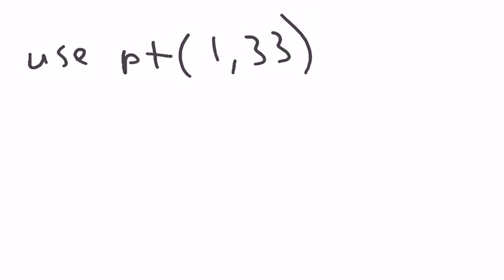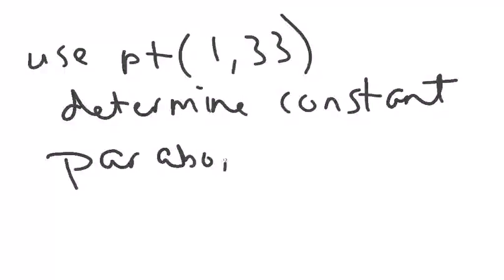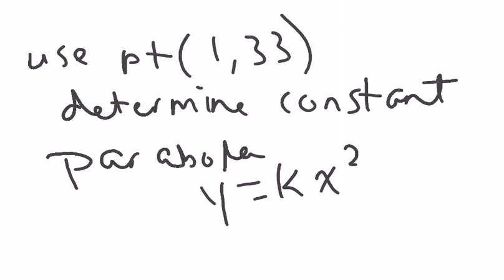So they may say use the point (1, 33) to determine the constant, like a constant of variation, and then write the equation. So we know that we can take that parabola equation and know that it could have a number in front of the x squared.